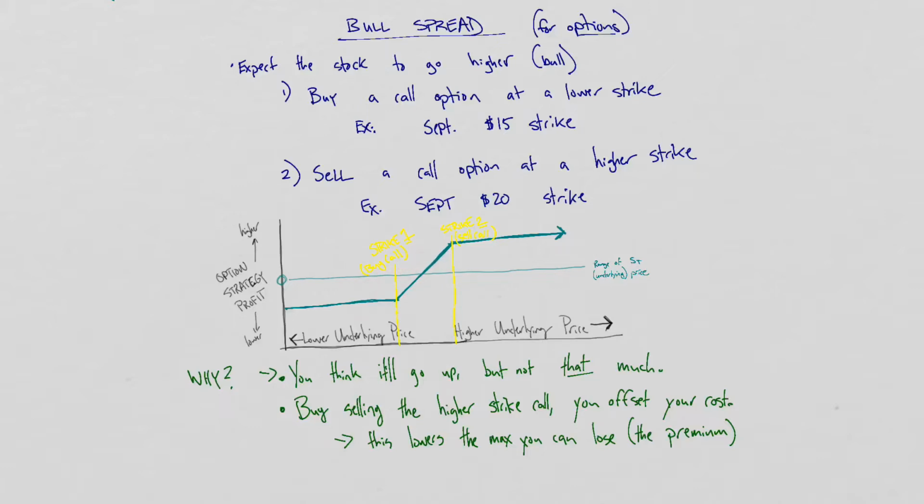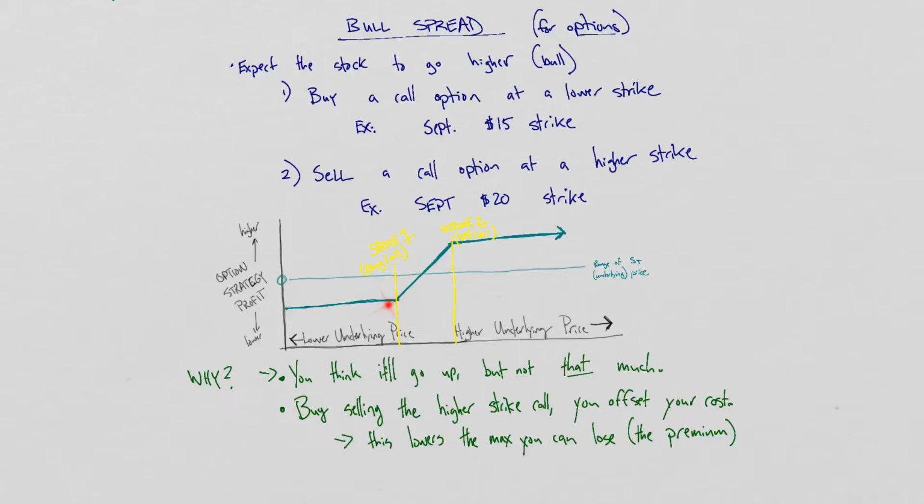And the payoff profile looks like this. You have a maximum loss, which is reduced, by the way, since you received that premium from selling the call and used it to offset the premium of buying this call. So the most you can still lose is the net cost of the two premiums together.